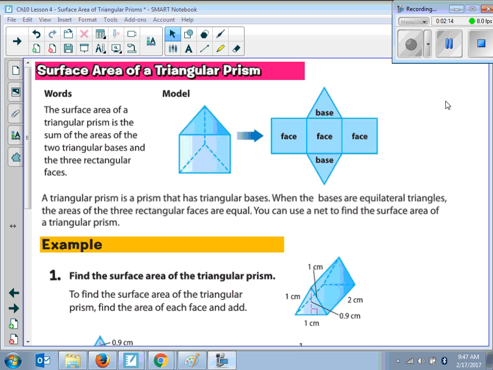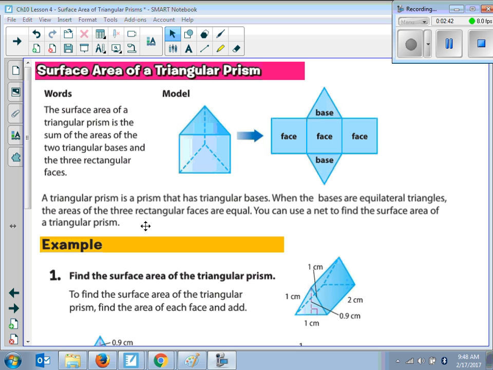All right, so the surface area of a triangular prism. Now this is a triangular prism. The surface area of a triangular prism is the sum of the areas of the two triangular bases and the three rectangular faces. Okay, this piece right here is what it looks like when it is exploded out. I believe they call that a net view.